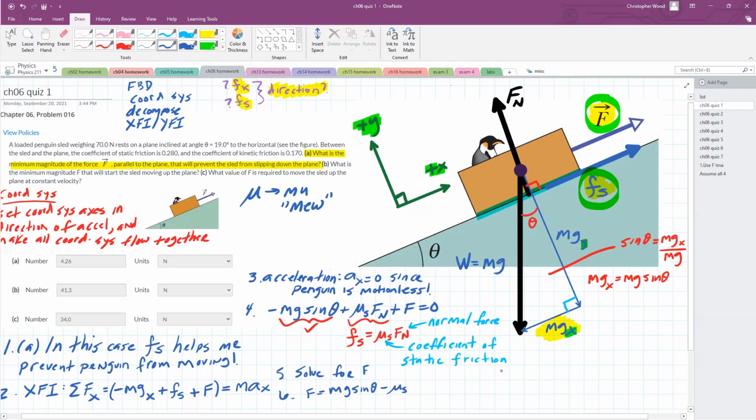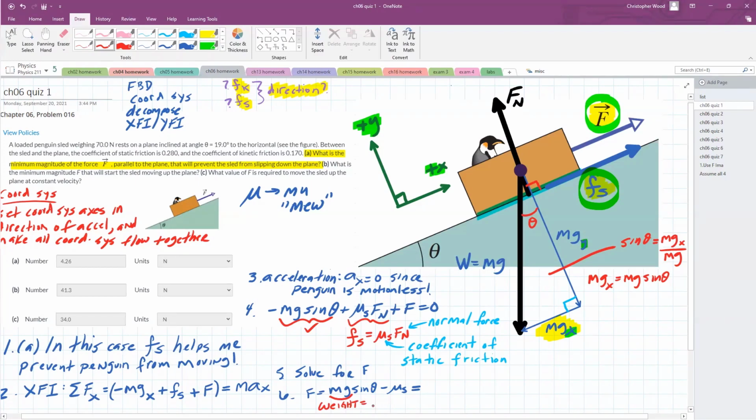Let's solve for F, because we know everything here. Well, you can say, wait a minute, Chris, stop the presses. You don't know the mass. I don't know mass, but I do know mg. Mg is the weight. I don't know m, but I do know mg.